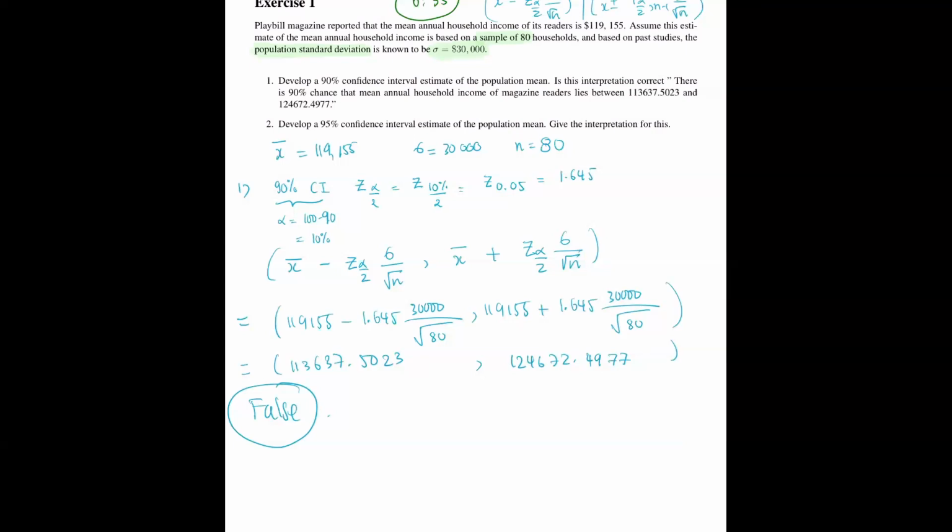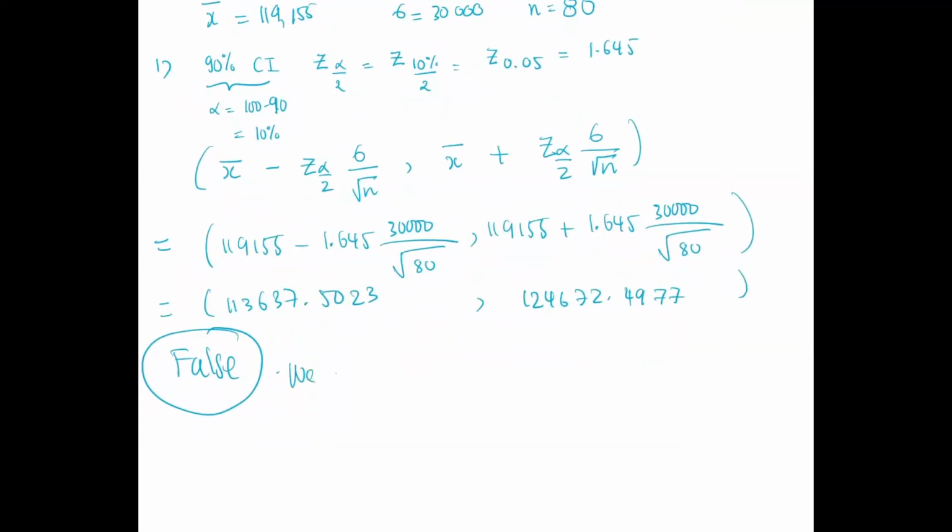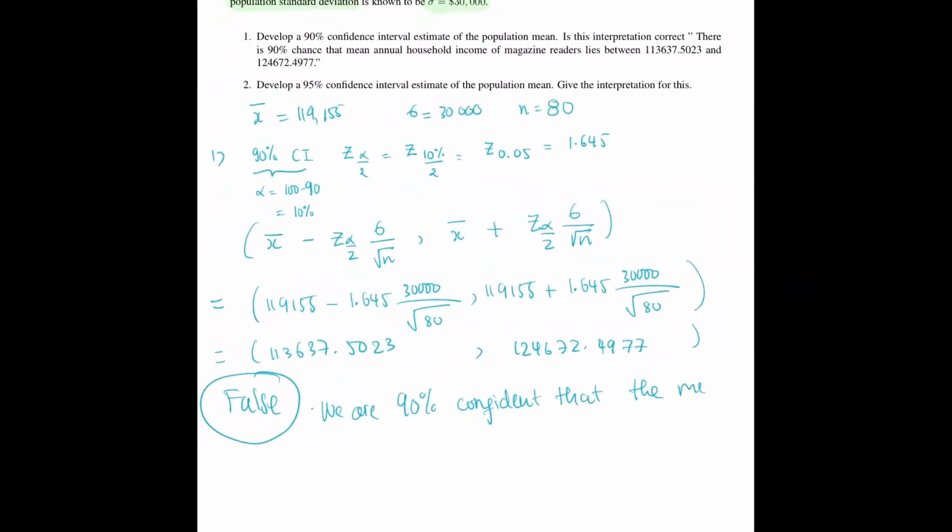Do you have any question? What would the true interpretation be? So there are a few, but I think the easiest one is that we are 95% confident that the mean income lies between those two numbers, this one and this one.